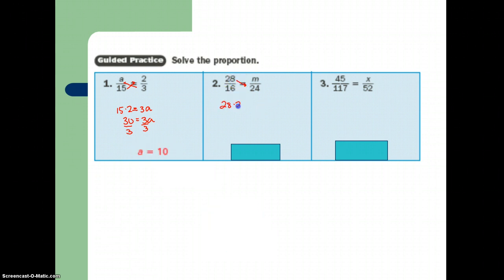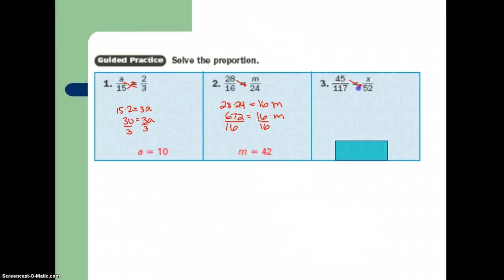Number 2: 28 times 24 equals 16 times m. 28 times 24 is 672. We did our cross products. Now we divide by the coefficient, the number next to the variable. You get m equals 42.